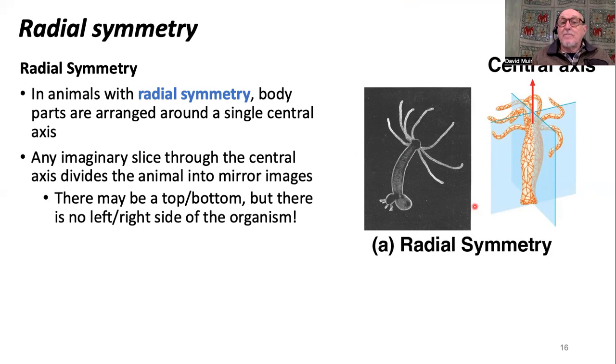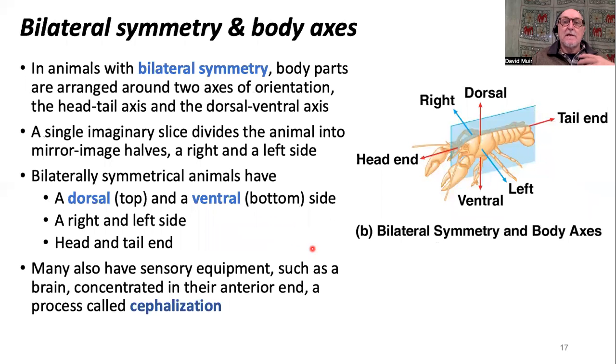And there's no left, right, etc. But that's not to say that they're just a ball with things sticking out. They may be asymmetrical from top to bottom, but they are radially symmetrical in their presentation to their environment. So those are the typical radially symmetrical organisms, and you'll immediately realize these are things like jellies, Hydra, sea anemones, those sorts of things. We'll see that when we talk about the invertebrates.